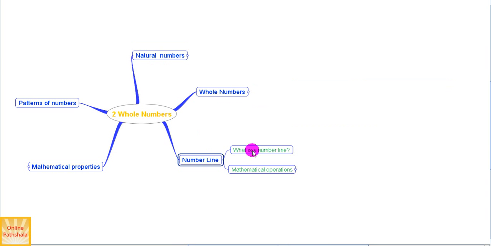Then we studied the number line. And what is a number line? A number line is a line representation in which we draw a straight line and write numbers separated by unit distances.